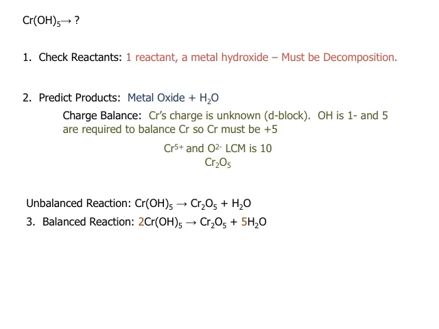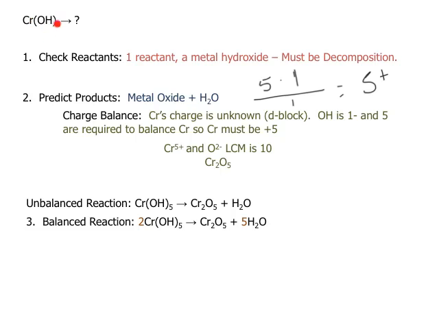Alright, oh boy, we get to practice on our D blocks again. So I know that I have 5 hydroxides. Hopefully you know that hydroxide is a -1, and that's being balanced by 1 chromium. So chromium is a +5.